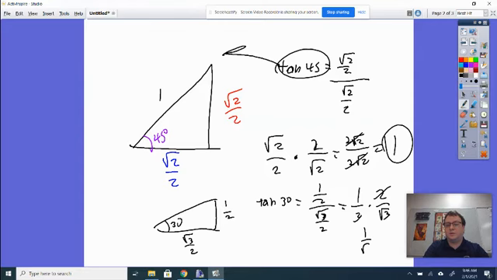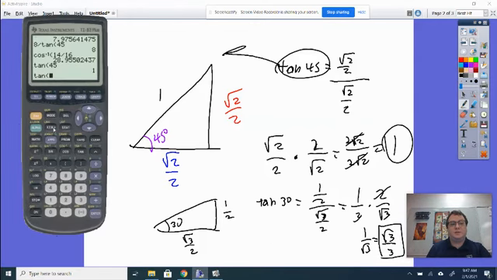I'm going to have 1 over square root of 3 or square root of 3 over 3. Okay, and I can check that. Tangent of 30. Okay, I get this gross number, but then we can check it with square root of 3 over 3. And I get the same thing.